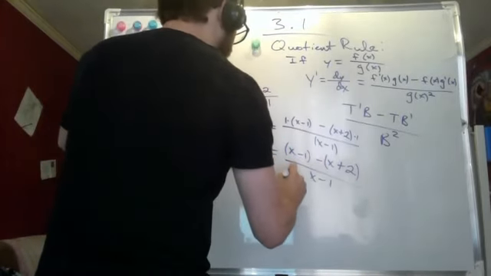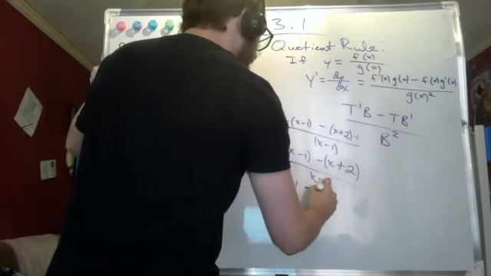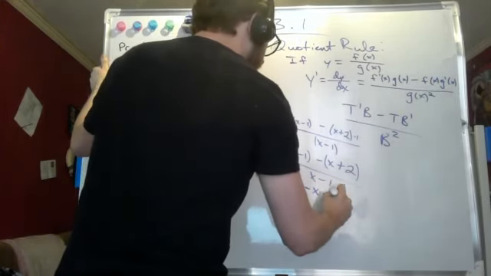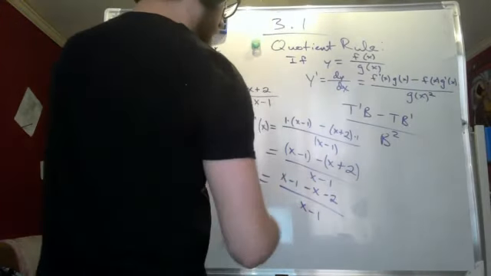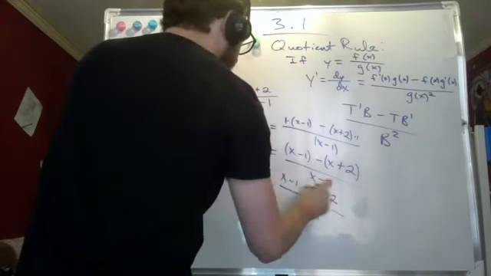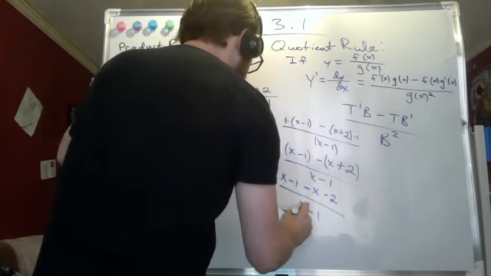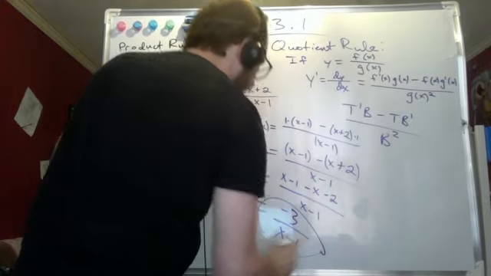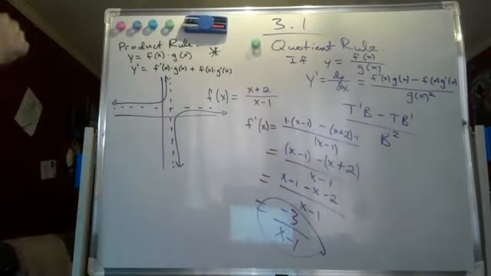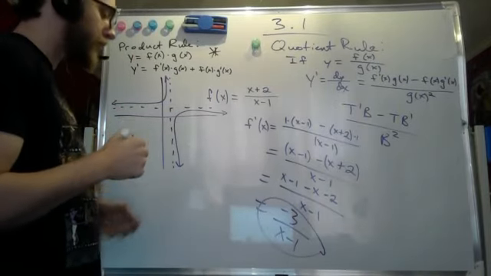And so I've got x minus 1, I distribute the negative, minus x minus 2, divided by x minus 1. So the x's are going to cancel. Negative 1 minus 2 is negative 3, divided by x minus 1. And that's our derivative. This is going to tell us what the slope is at any given point.